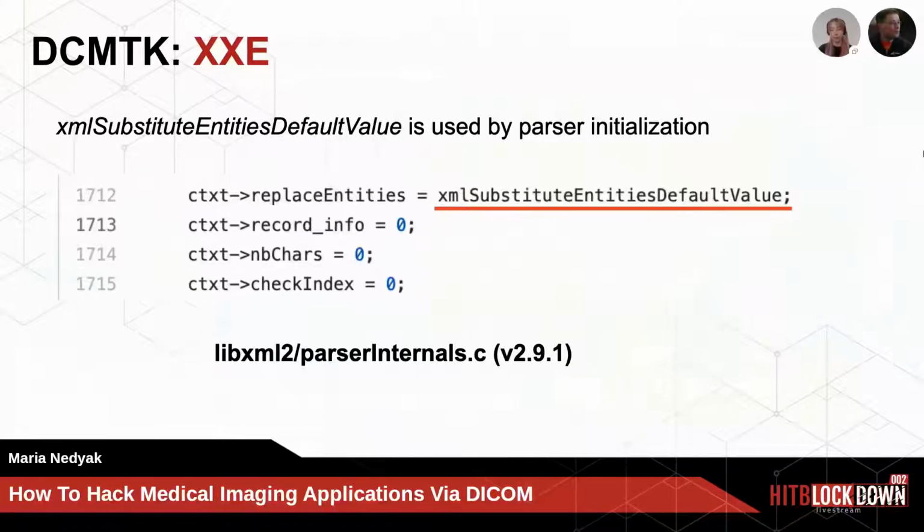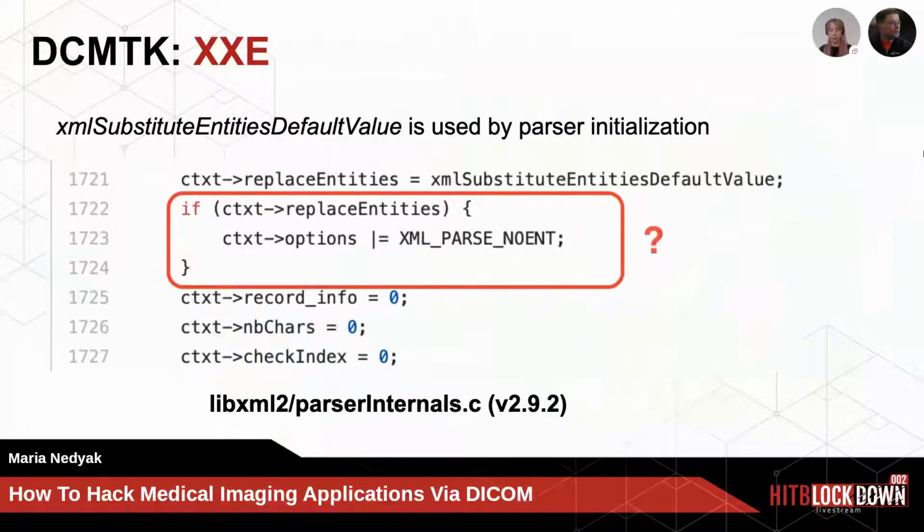And what happened in the next version of the libxml library? Now it appends the dangerous option XML_PARSE_NOENT to the parser options, and it allows the external entities in XML files to work. So that is why the XXE payload was working on my machine and not working on the vendor's machine.